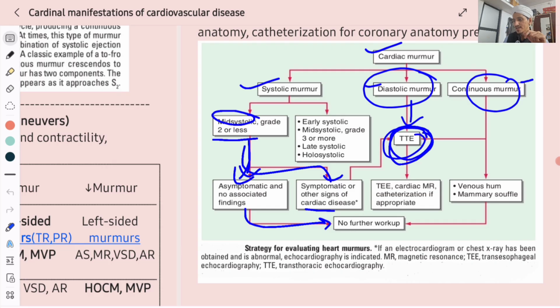A continuous murmur can be due to a patent ductus arteriosus, or a venous hum, or mammary souffle, which you hear during pregnancy. After 2D echo, the next investigation is Doppler, cardiac MRI, and catheterization if appropriate. That's about the approach to a patient with a murmur.